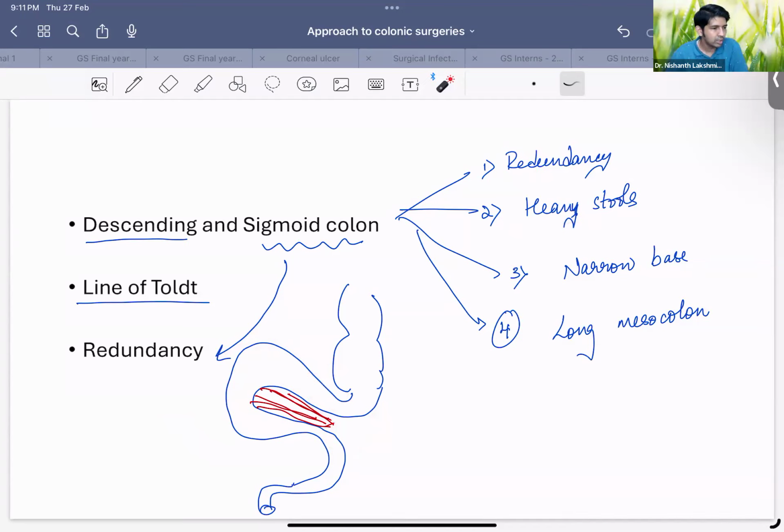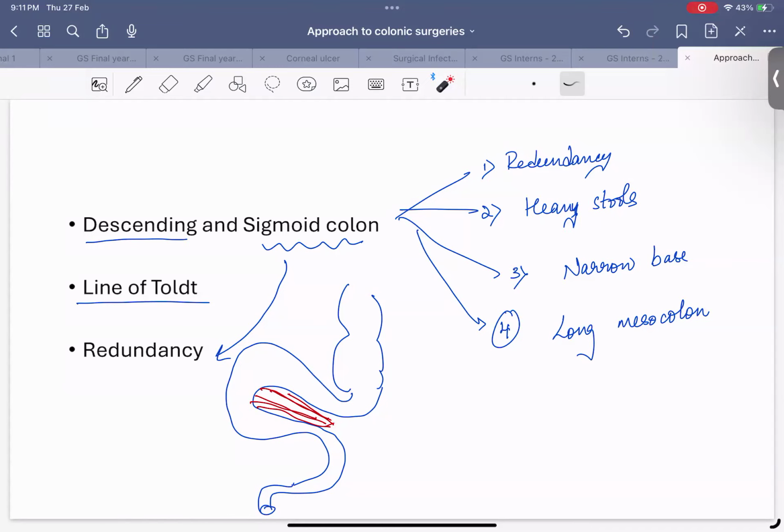How do heavy stools impact the sigmoid volvulus, Vinod? More movements. Heavy movements. In simpler terms, have you seen people trying to balance on a thread? So they have both their hands out and they're trying to balance, correct? Suddenly, if one side balance gets over, what will happen to that person?